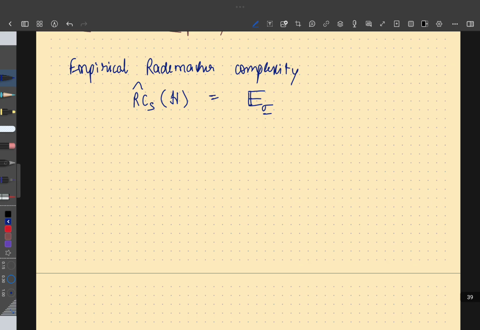Each sigma i takes +1 with probability half and -1 with probability half. So it's basically uniform on +1, -1.